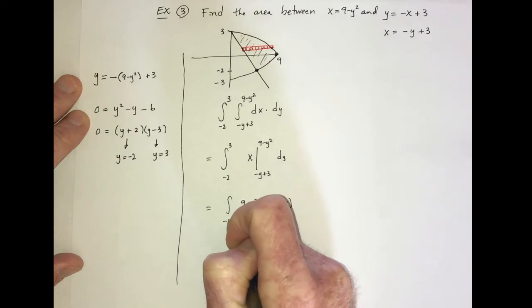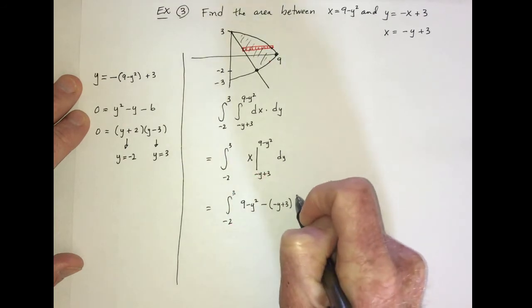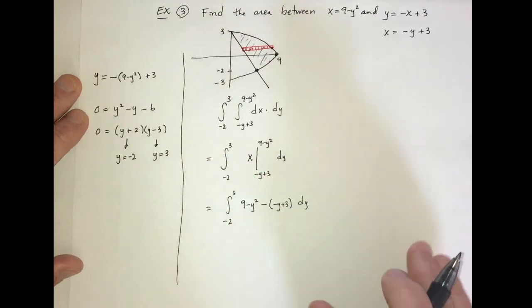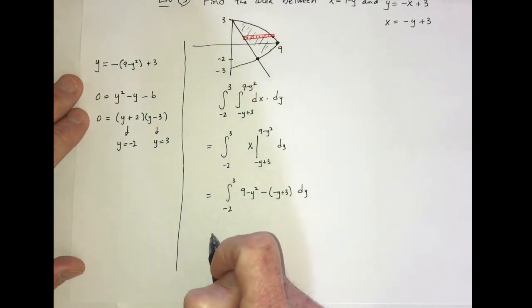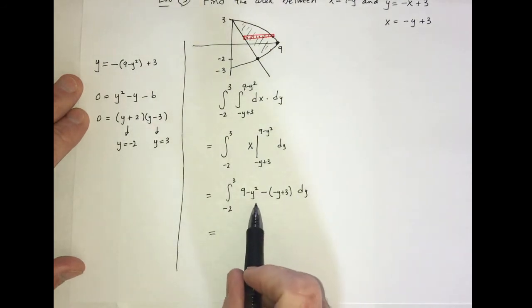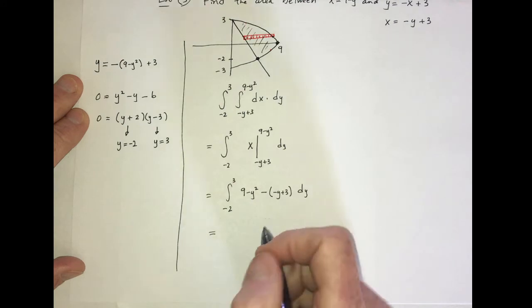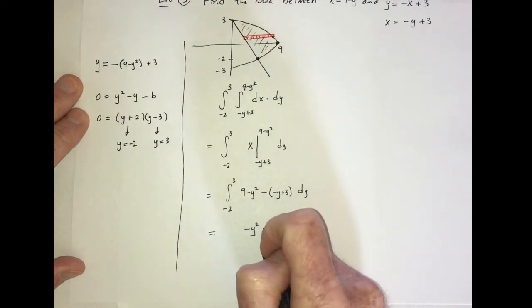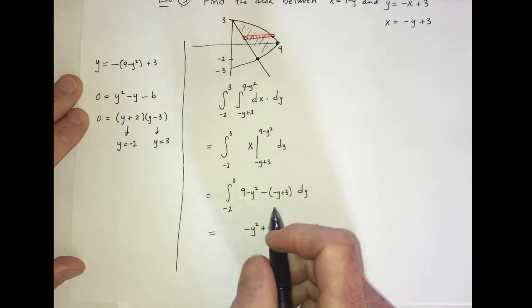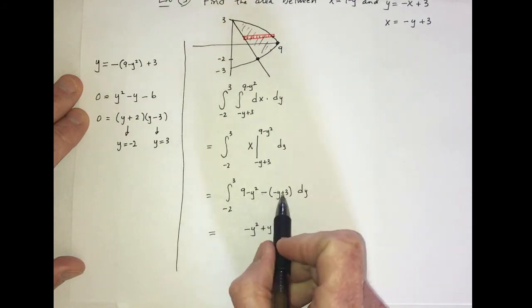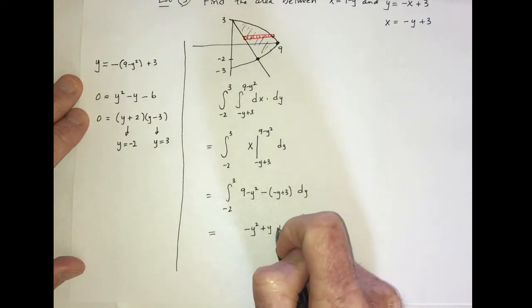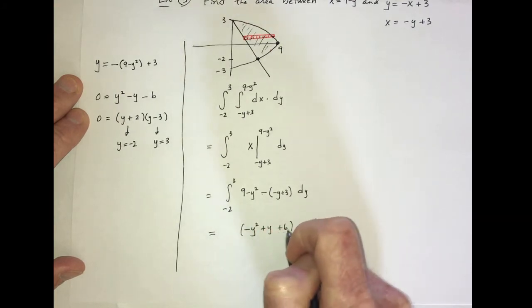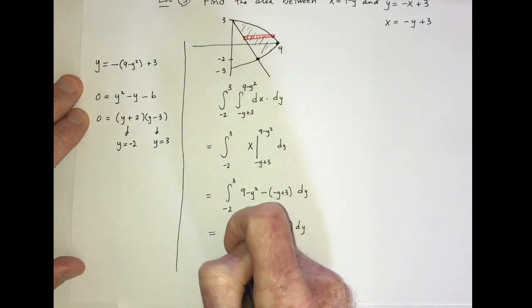And then that needs to be integrated with respect to y. So this is, let's see, negative y squared, and there is negative negative, so there's positive y, and then there's going to be 9 minus 3, so that would be a 6, and then all of that we still need to integrate with respect to y.